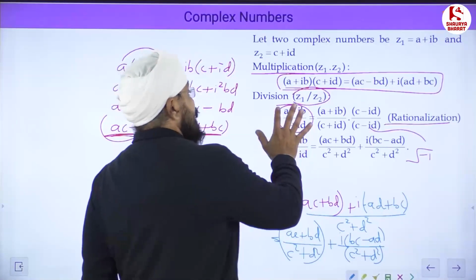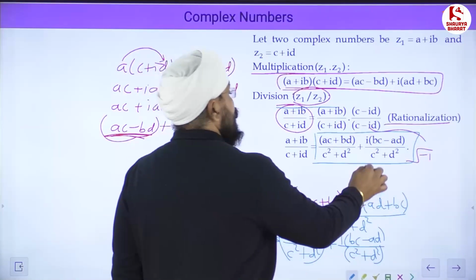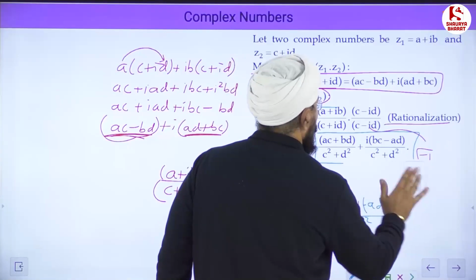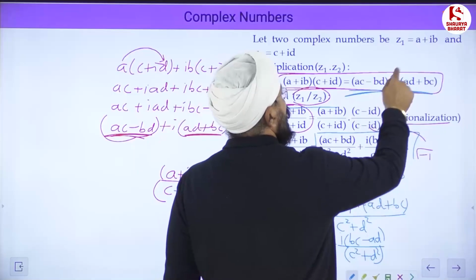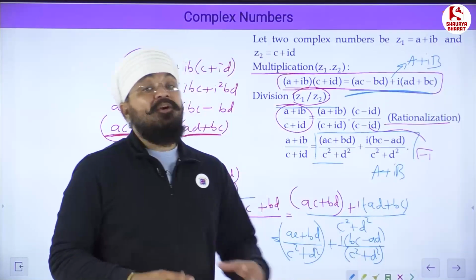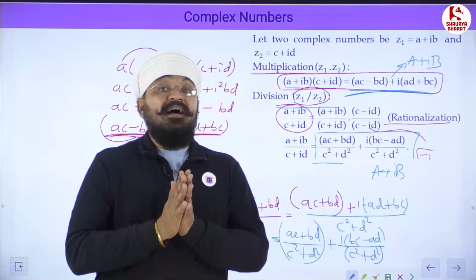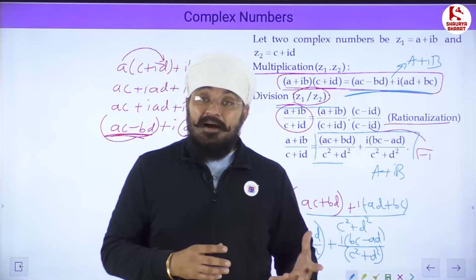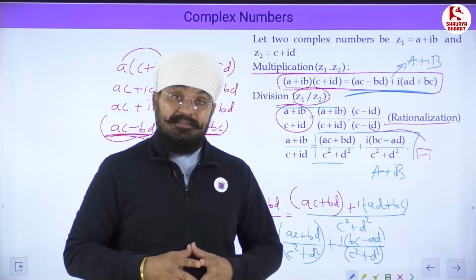So that means division also will give you a complex number which has the form a plus iota b, and the same was the case here also. This is of the form a plus iota b. So whenever any operation is giving you a result in the form of a plus iota b, that will be considered as an operation, and whatever result we are getting is again a complex number. So this is how we multiply and divide two complex numbers.